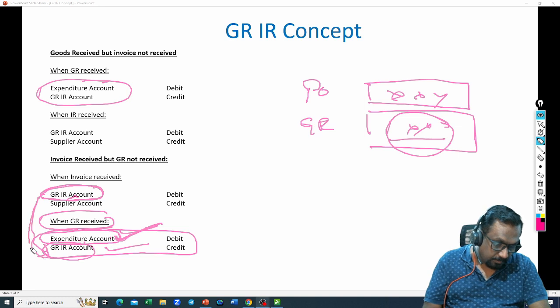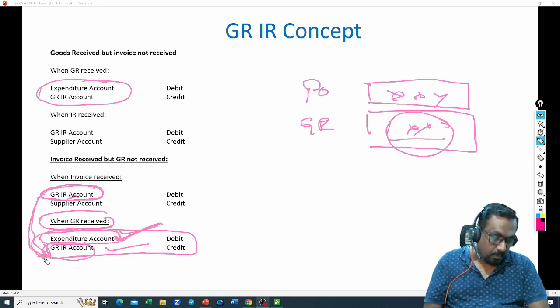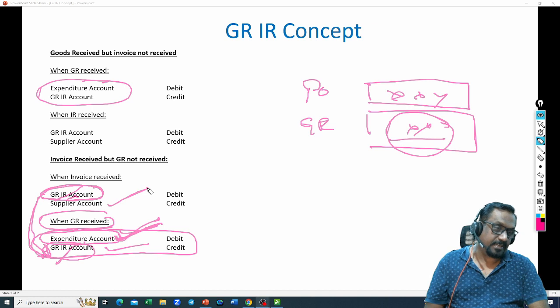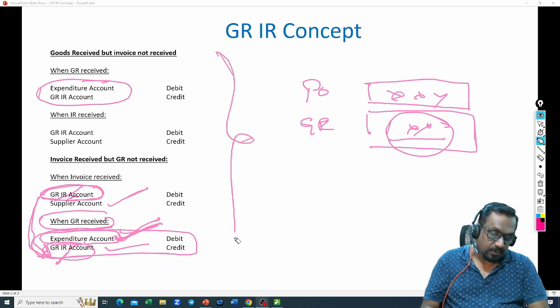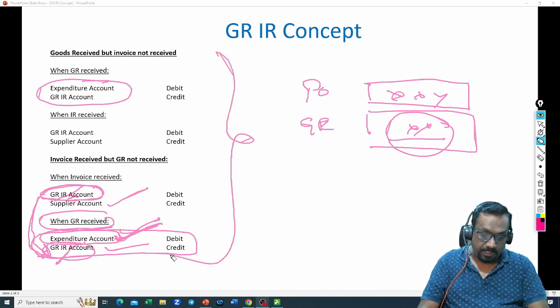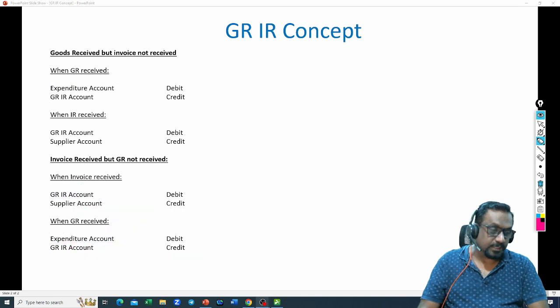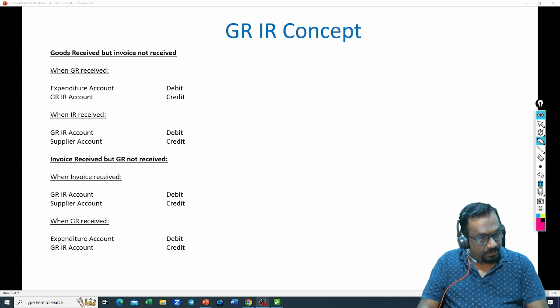Now, what is the net impact? You see the GRIR gets cancelled. Then what is your net impact? Expenditure account debit and supplier account credit. This is how the journal entries are supposed to be posted when goods are received but the invoice is not received, and when the invoice is received and GR is not received.